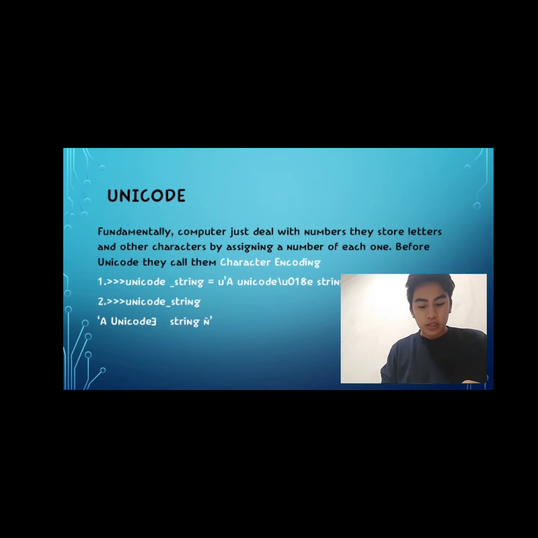So kung titingnan po natin this example is unicode_string is equal to a capital U and A. Unicode is equal to backslash U018E string backslash XF1. So, ang then Unicode string is equal to a Unicode, baliktad po ng letter E, string, N.